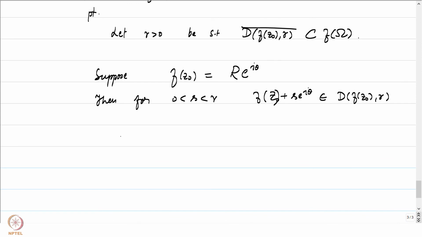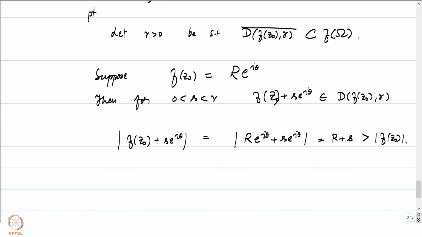And if you look at the absolute value of f of z0 plus s e to the power i theta, what is this going to be equal to? This is equal to the absolute value of R e to the power i theta plus s e to the power i theta, which is equal to R plus s, and s being positive, this is greater than the absolute value of f of z0, which is equal to R.